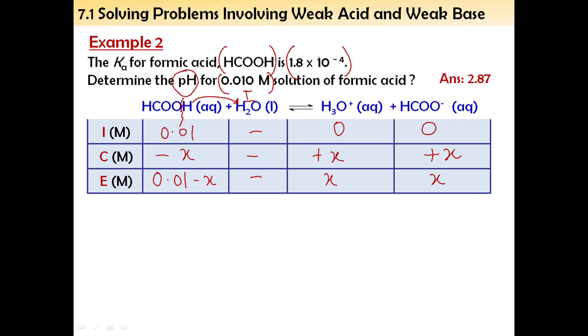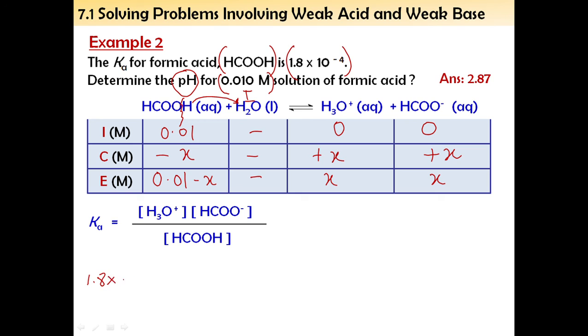So again, we know the Ka expression is this, and I know the value for Ka. So, I'm going to substitute into the expression. So, Ka is 1.8 times 10 to the power of negative 4 equals to the H3O plus, which is X, and this one is X, divided by HCOOH, which is 0.01 minus X.